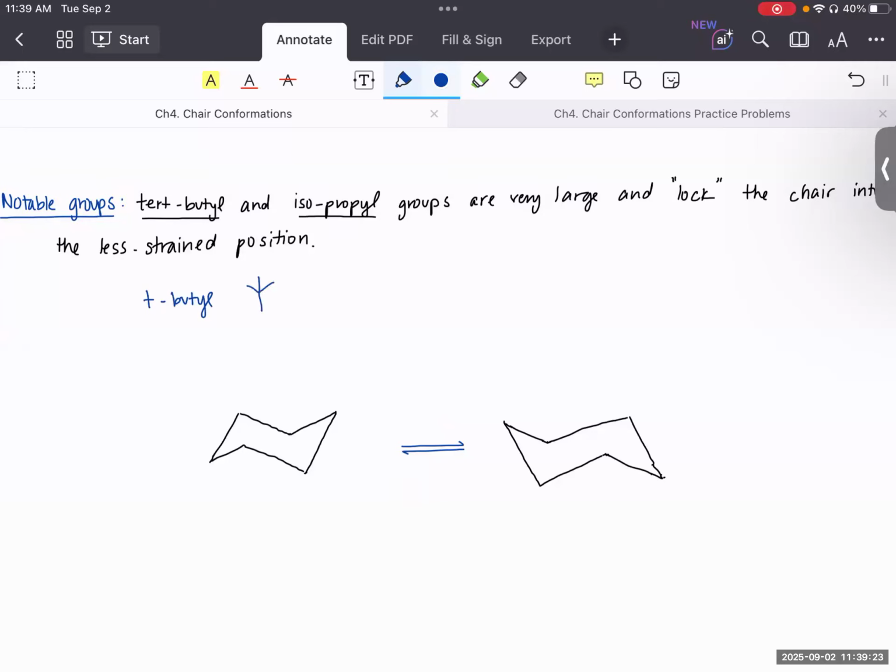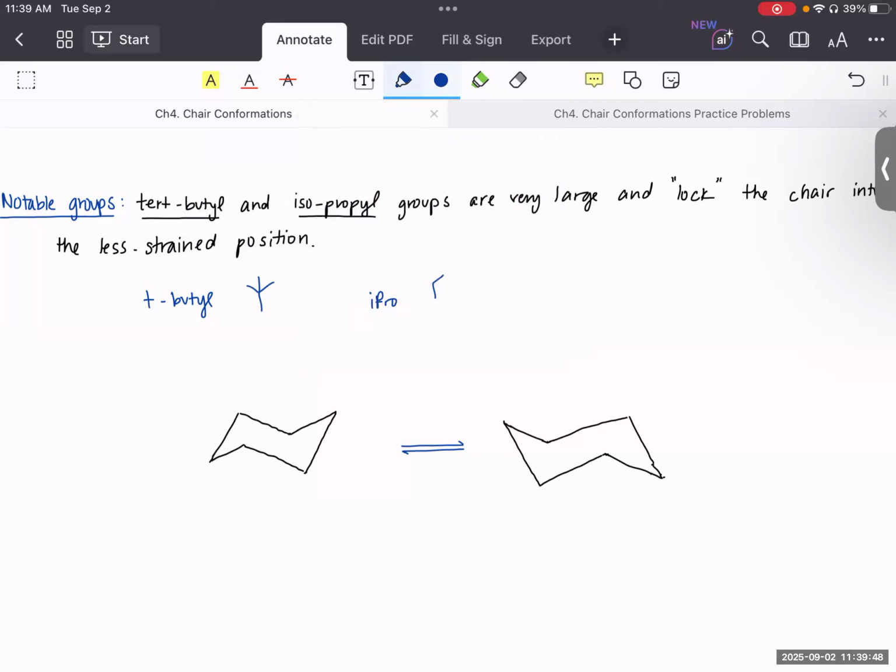And then an isopropyl group, or an i-Pr group, which you might see, just has 2 methyl groups. And we can imagine that each of those carbons or methyl groups has 3 hydrogens at the tips. And so there's a lot of bulk, think of it like branches. They're very big groups that cause a lot of steric strain.